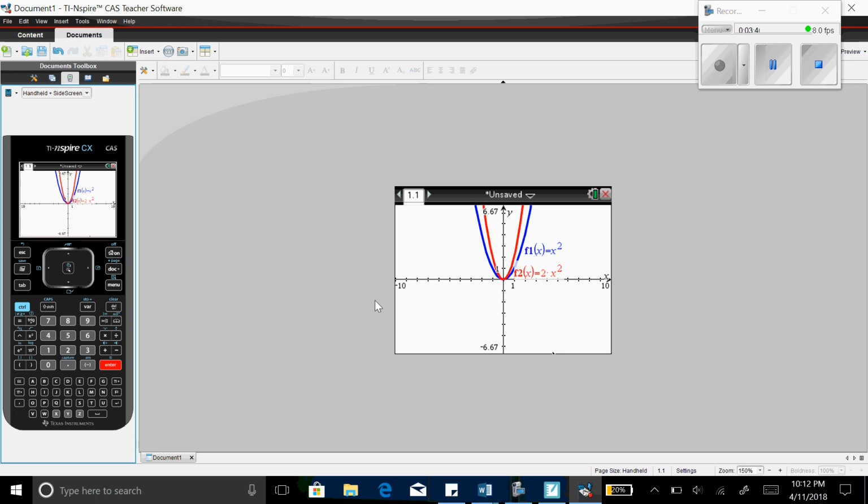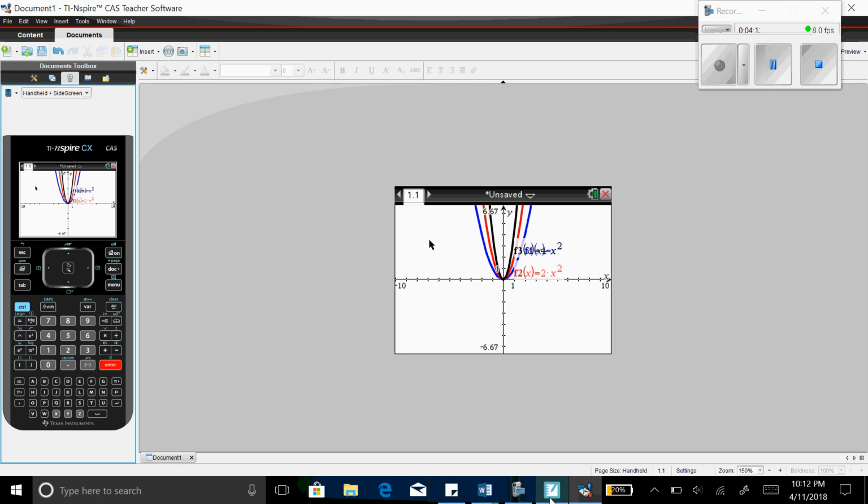Okay, so there's our new graph, the red one. Let's see what happens with the 4x squared. We're going to hit tab again, type in 4x squared. Again, I'll give you a second to catch up. If you need to catch up with me, pause the video and put these functions into your calculator.